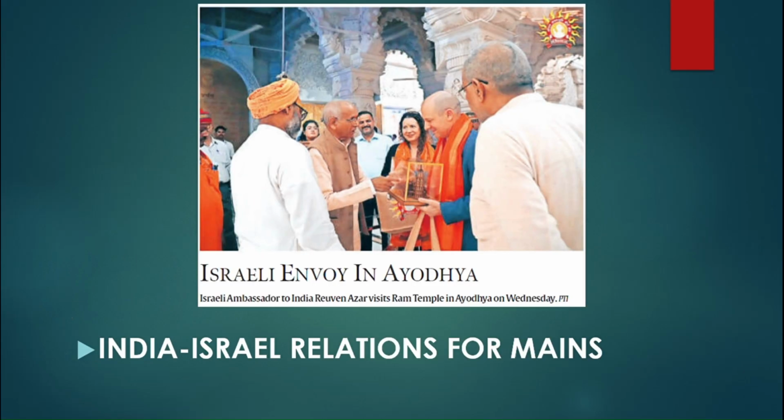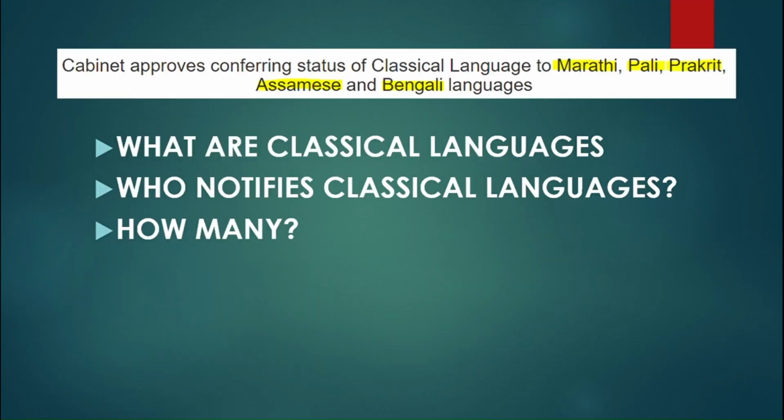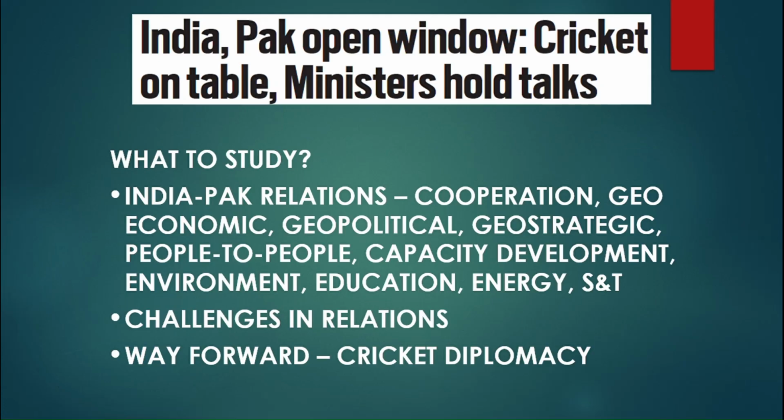Then talking about the next article, Israeli envoy in Ayodhya. So the Israeli ambassador to India had visited the Ram temple in Ayodhya. How do you use this article? Explore all the facets of India-Israel relations for mains and make notes out of it. And what all dimensions need to be covered has been discussed in one of the previous articles.